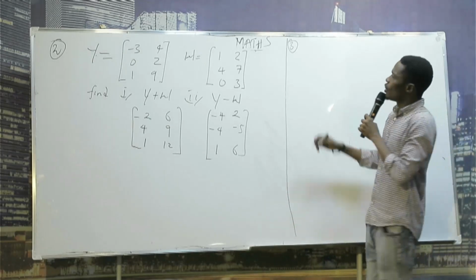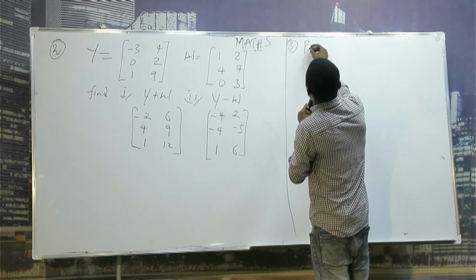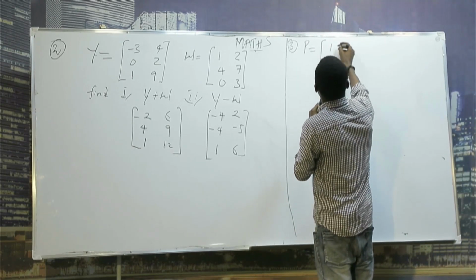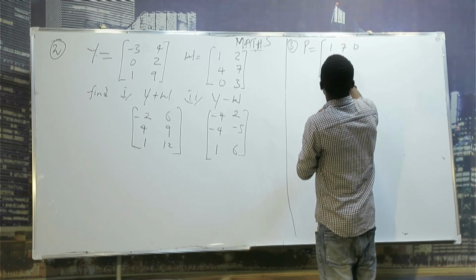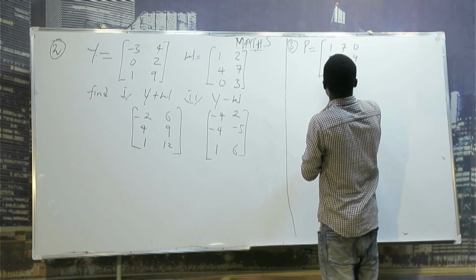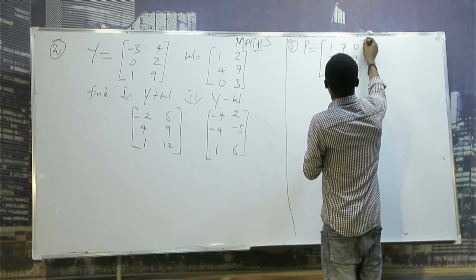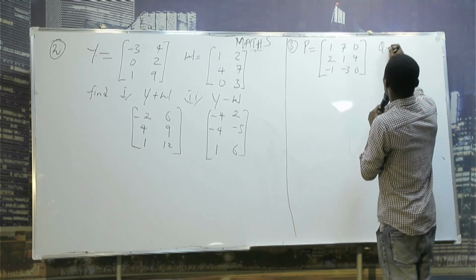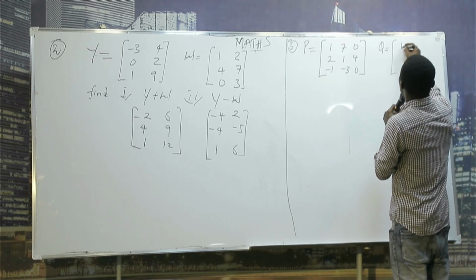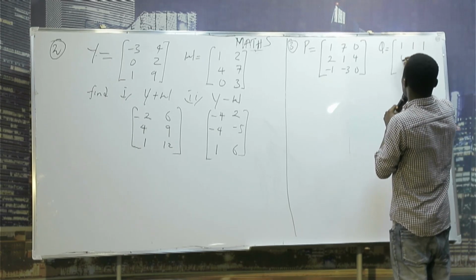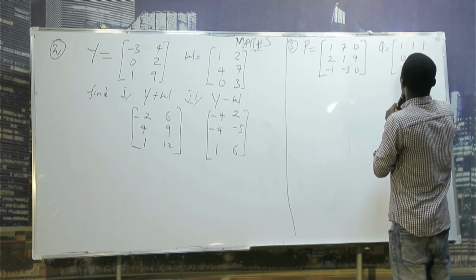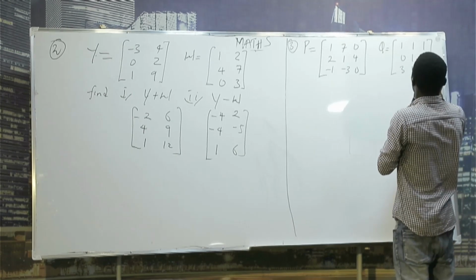Number 3. I will say that P is equal to 1, 7, 0, 2, 1, 4, minus 1, minus 3, 0, something like this. And Q is equal to 1, 1, 1, 0, 1, 1, 3, 1, 1, like that.